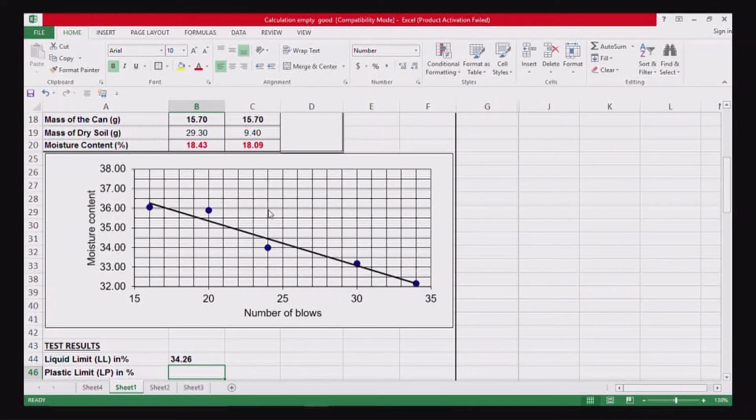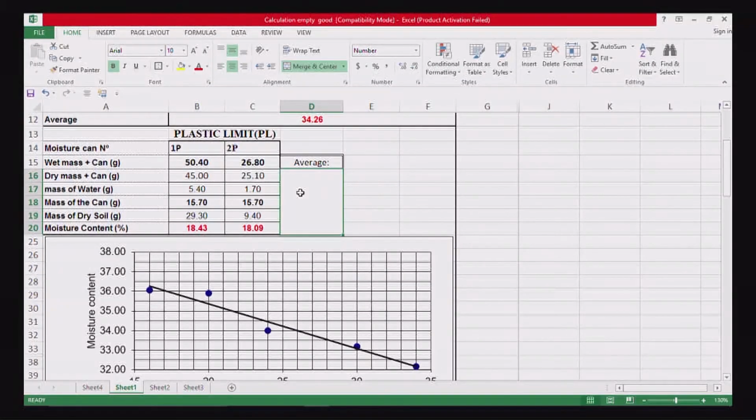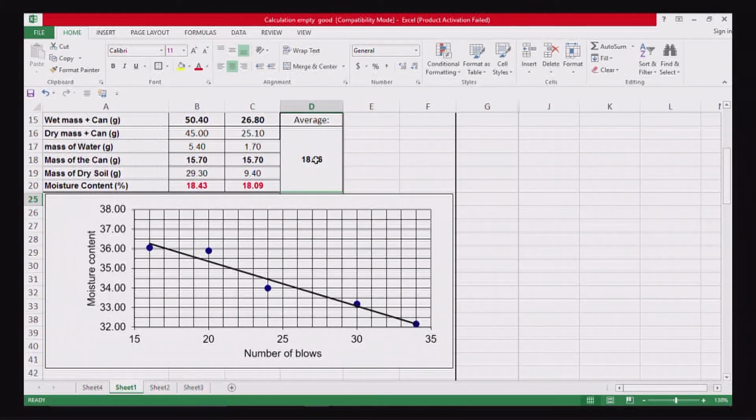Then we calculate the average for plastic limit, which equals the first one plus second divided by the number of samples that have been taken. This is the plastic limit.